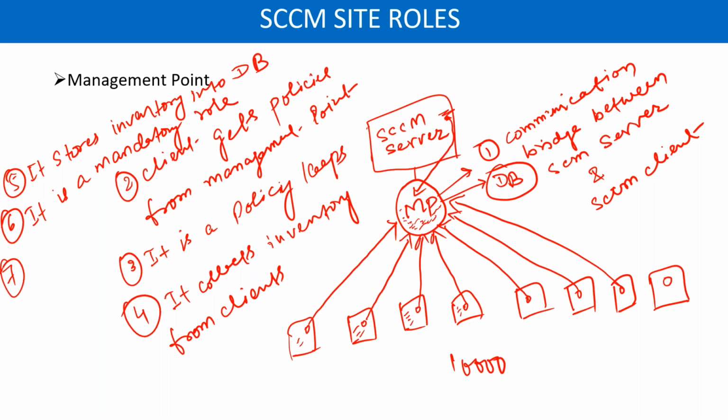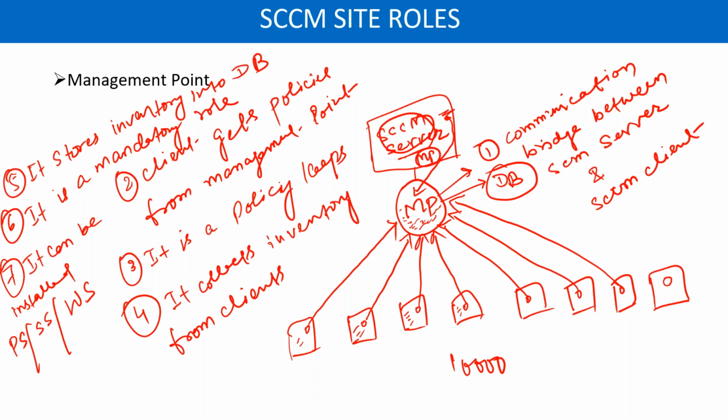Management point can be installed on a primary site. You can install MP on the same server. Suppose this is your primary site, you can install it on the same server, on a secondary site, or on any other separate Windows server.